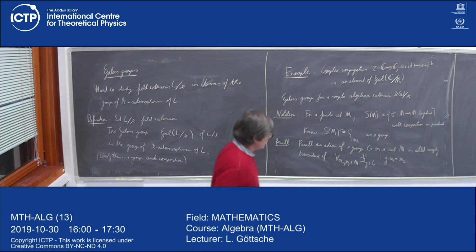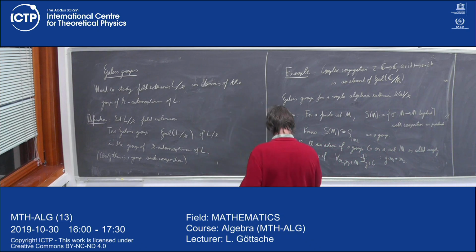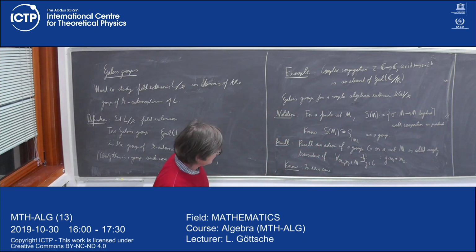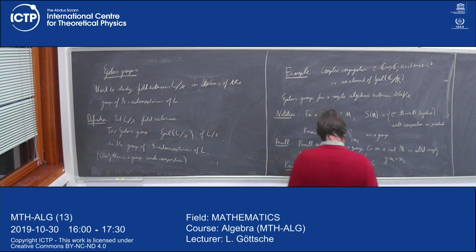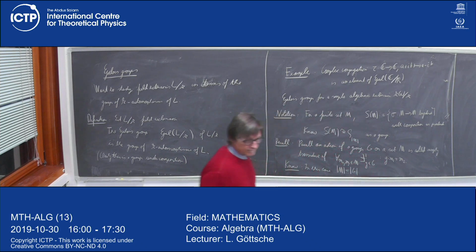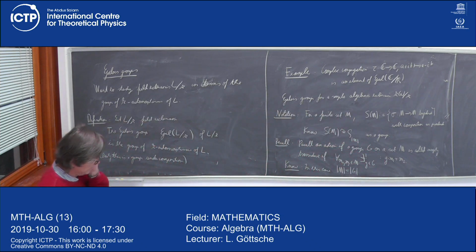Okay, and we know that in this case, at least if I assume that M is non-empty, the number of elements in M is equal to the number of elements in G. Okay, so this we all had.